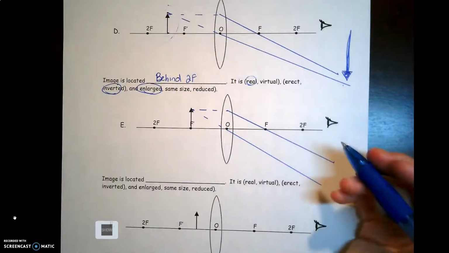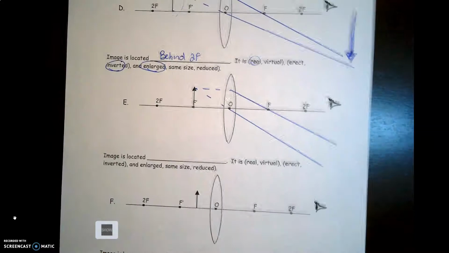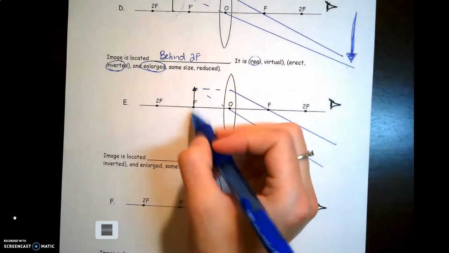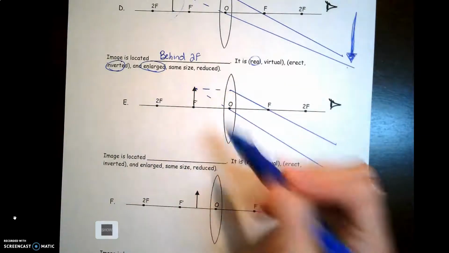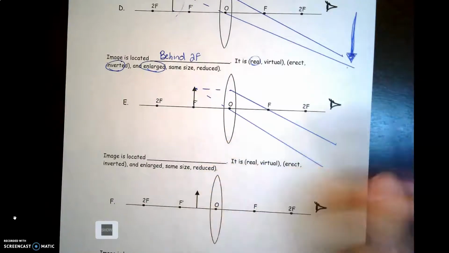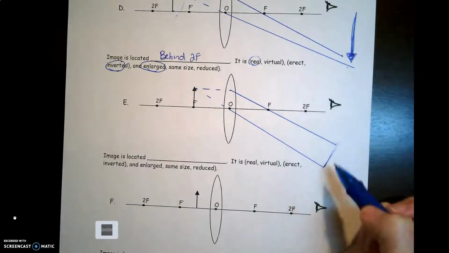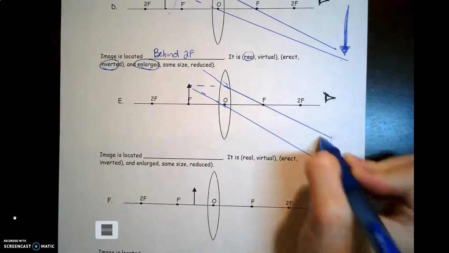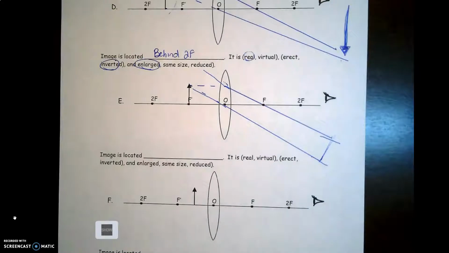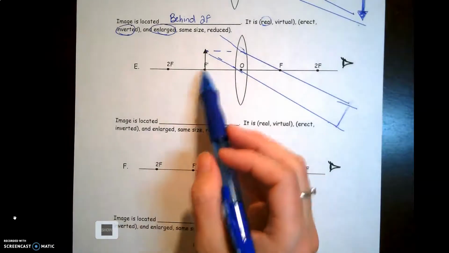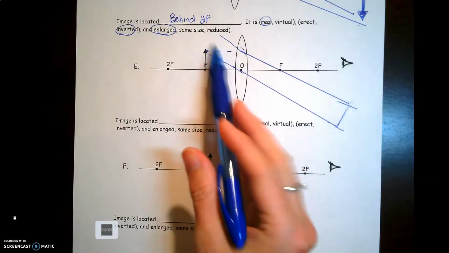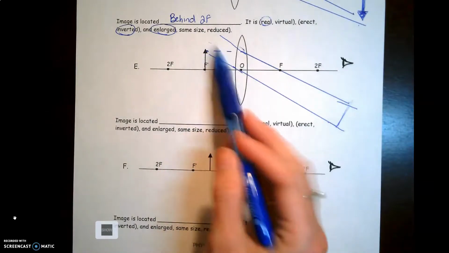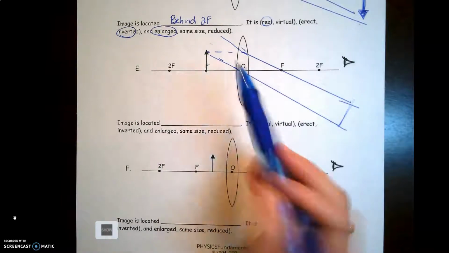Just like we saw in the mirrors, it's located at the focal point. That means there is no image that will be located because these lines will never converge, regardless of whether you continue them this way or this way. So no image will be seen, and there's no reason to answer those questions. That is always true if it's located at F. Anytime an object is located at F, the focal point, no image will be seen through that lens.